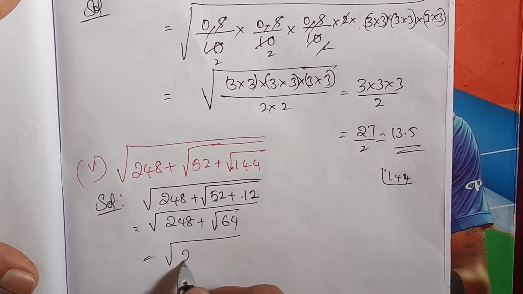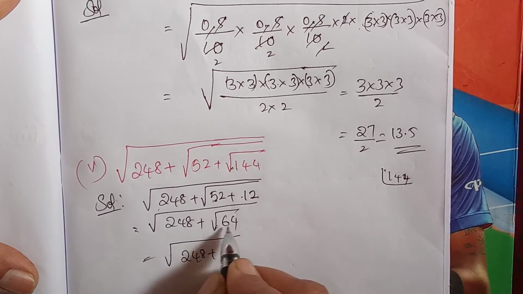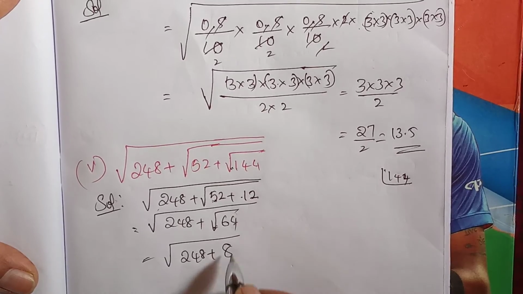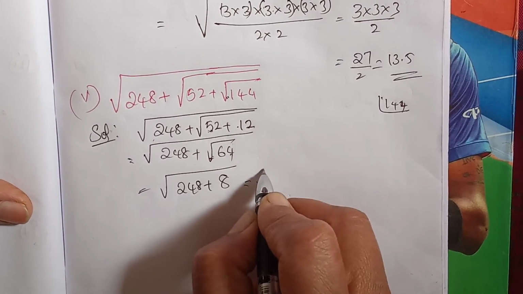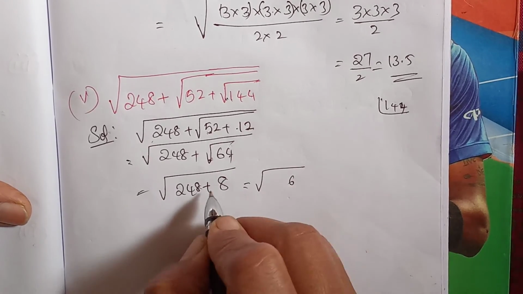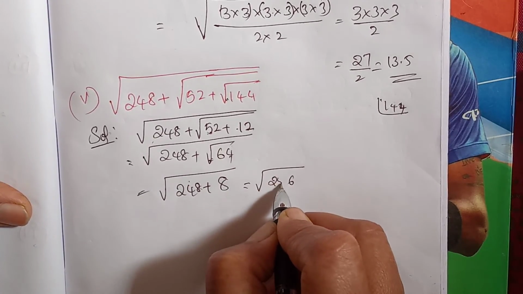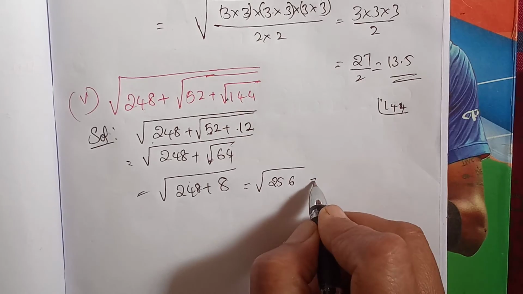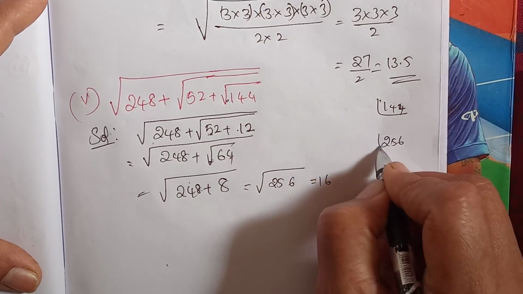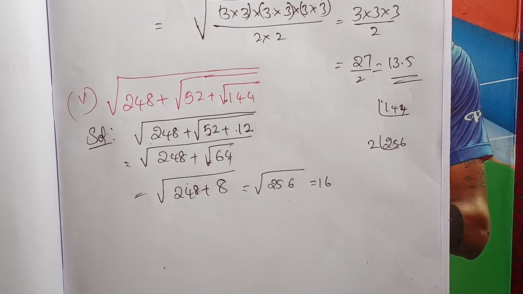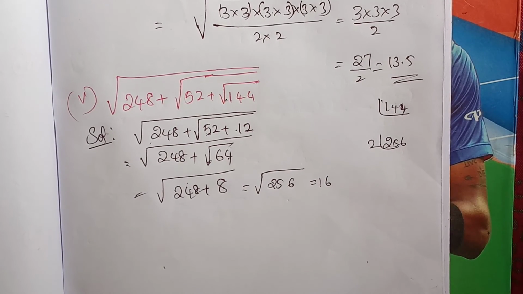So square root of 248 plus square root of 64 is how much? 8. Okay. Now this is how much? Square root of 8 plus 8, 16, and 256. 256 square root is how much? 16. You can check 256 by doing division by LCM method, 2 even prime.